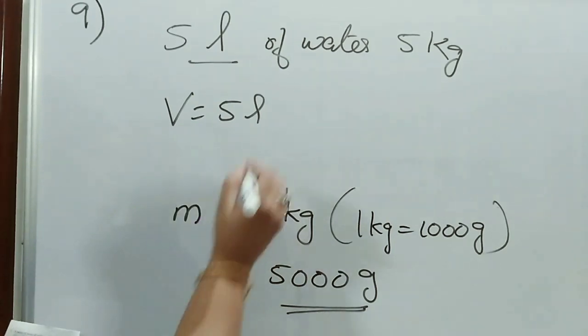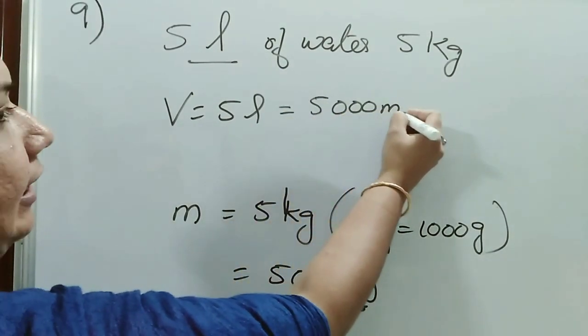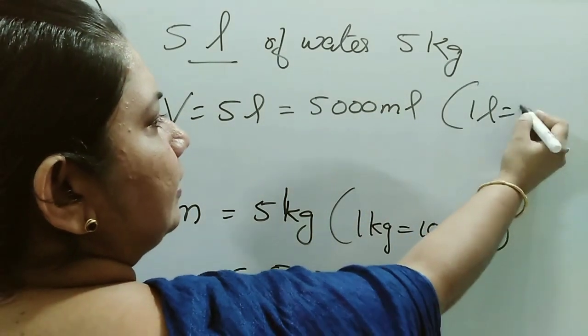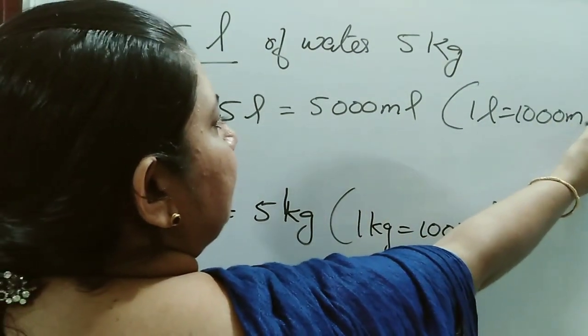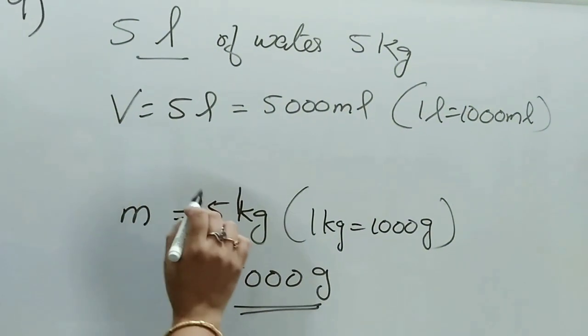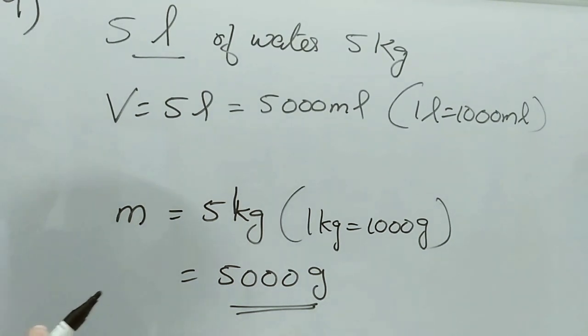Now 5 liter. You know 5 liter is 5000 milliliter, as 1 liter is 1000 milliliter. And you know for doing the numerical, the volume should be either in meter cube or centimeter cube.